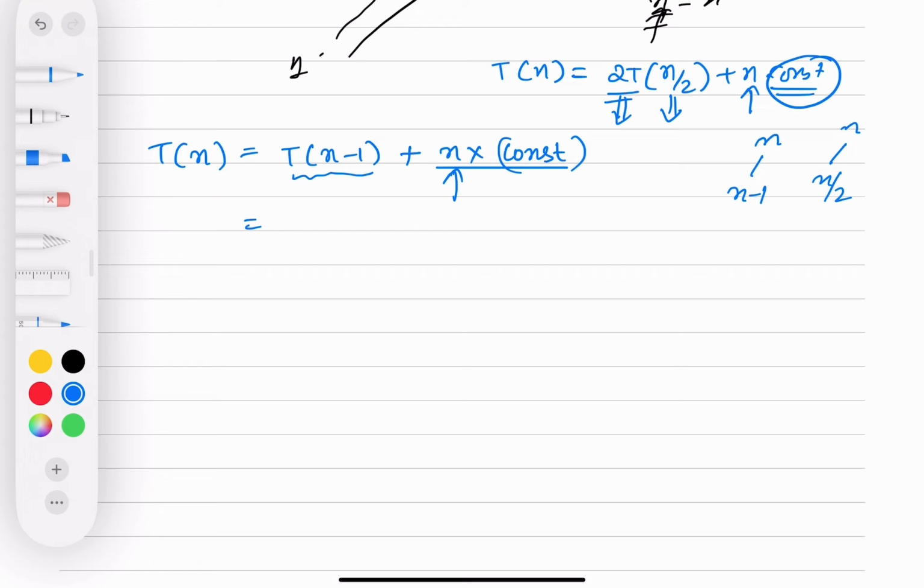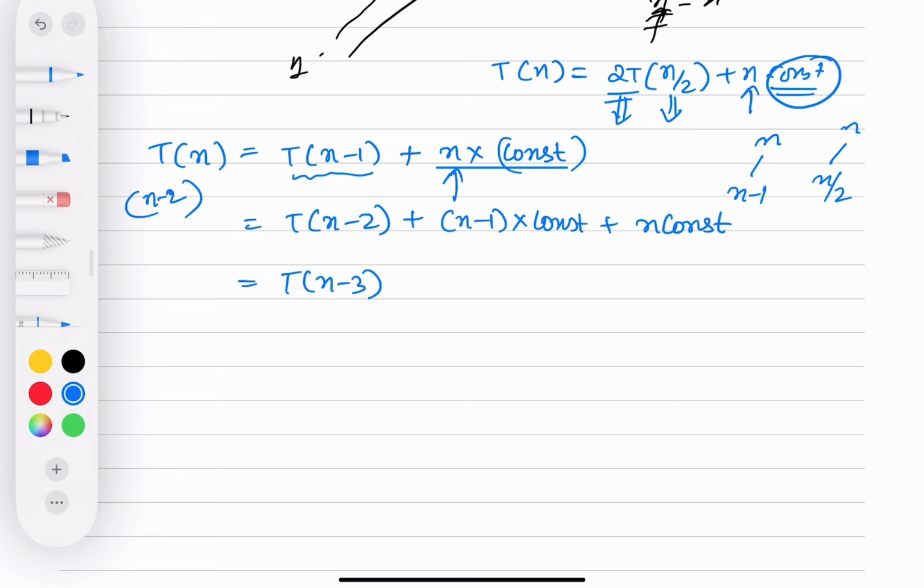So let's write it. T(n) = T(n minus 1) plus n into constant. Now you put, instead of this, n minus 2. What you will get? You will get T(n minus 2) plus (n minus 1) into constant plus n into constant. Now you put T of n minus 3. So when you put T of n minus 3, what you will get?